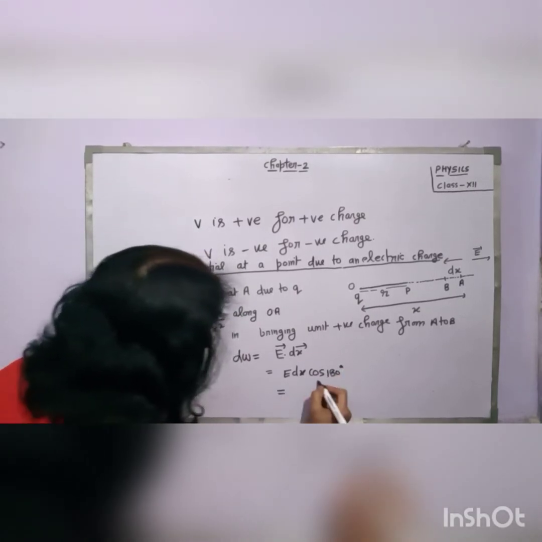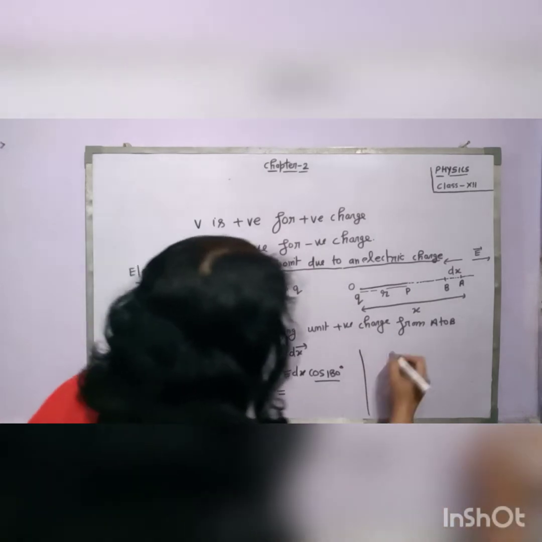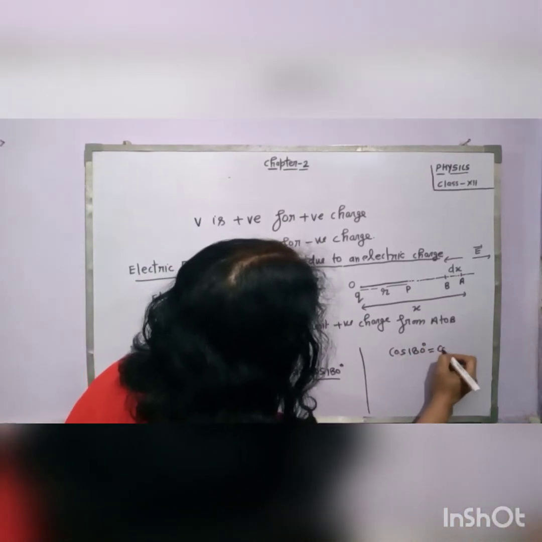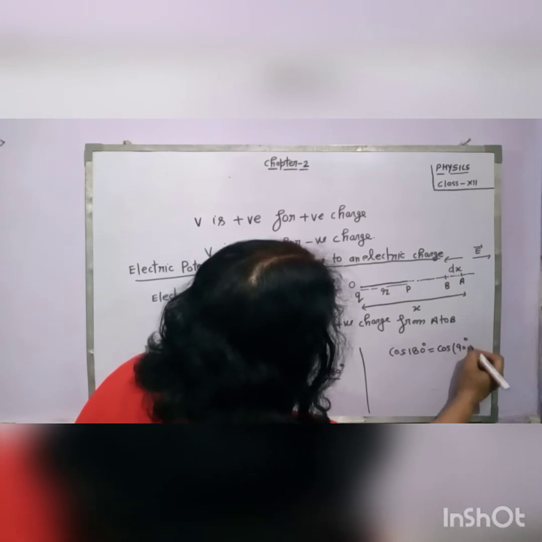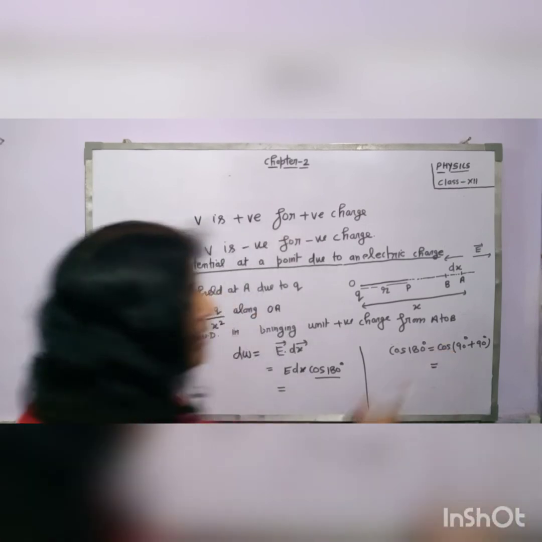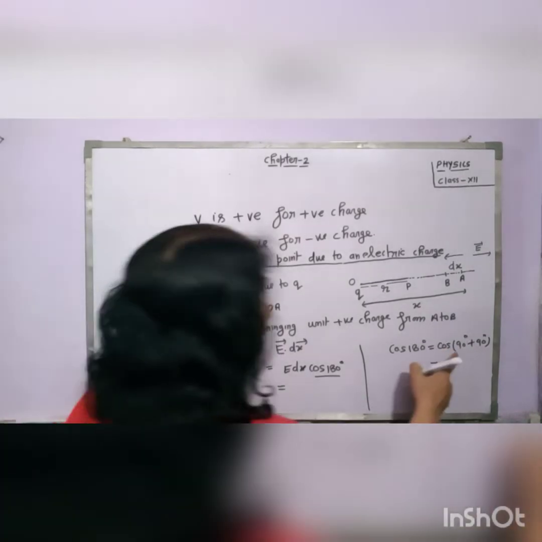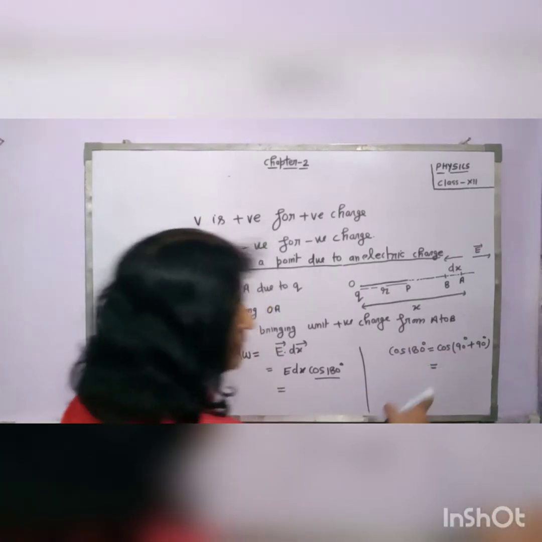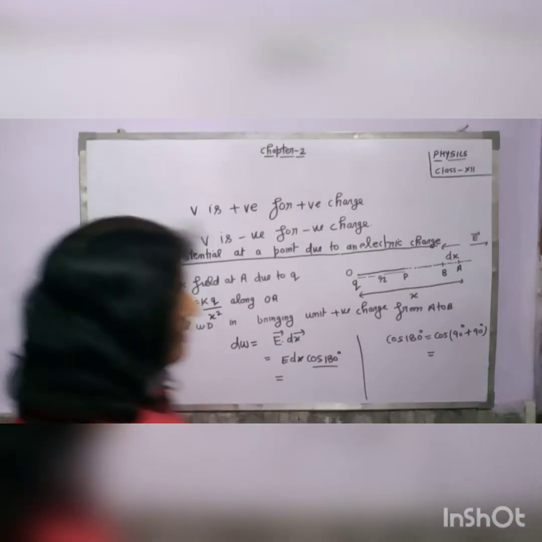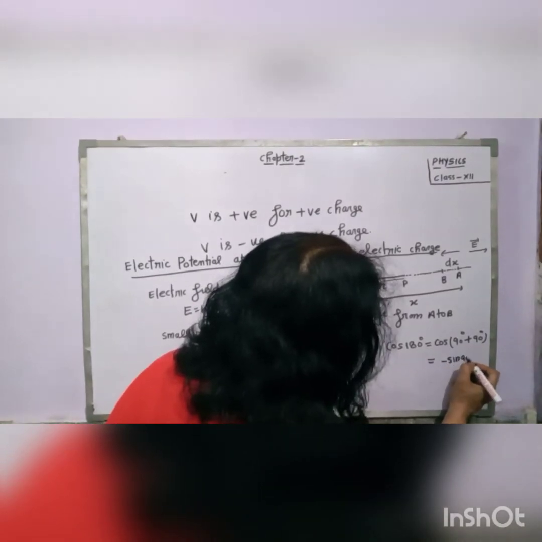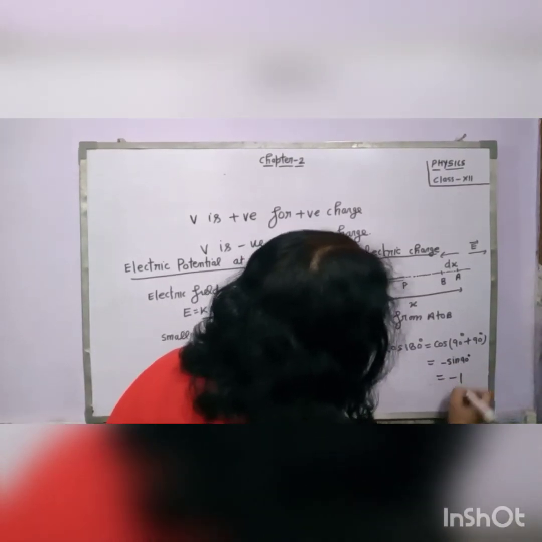And what is the value of cos 180? You can write it as cos (90 plus 90). It comes in the second quadrant, and in the second quadrant only sine and cosec are positive, all others are negative, and cos is converted into sine. That means this becomes equal to minus sin 90 degrees, that is equal to minus 1.